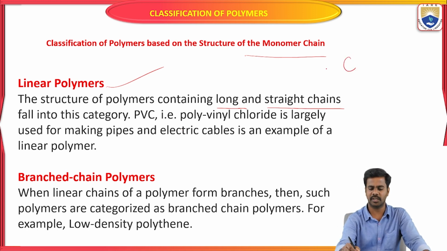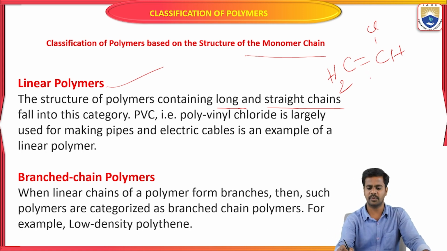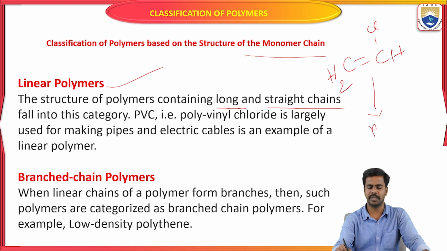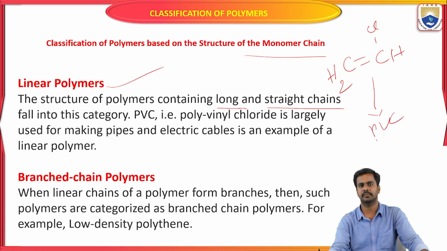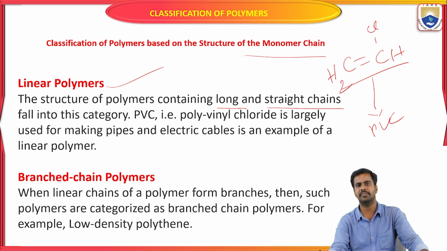If you see the structure, a linear chain is there, so there is no branching of the chain. So this is the example for linear polymers.